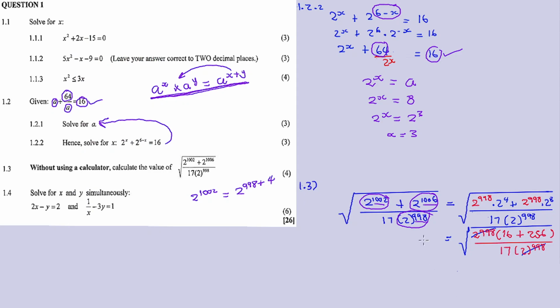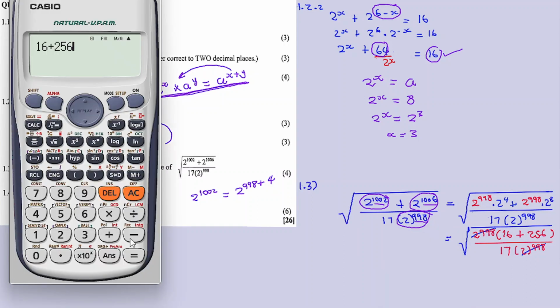Okay, I apologize. Now 16 plus 256 is equal to 272.